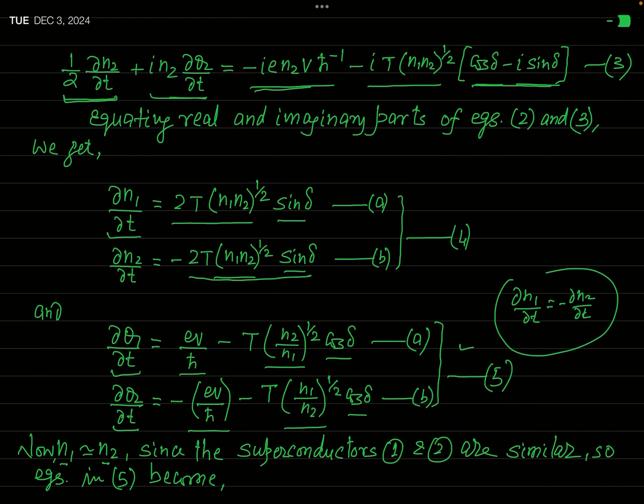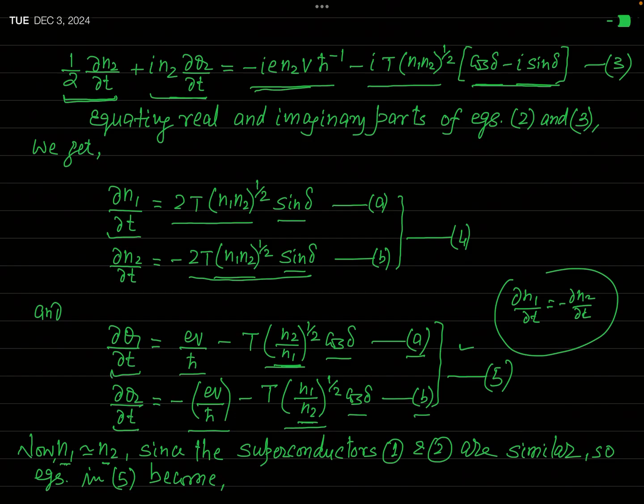Now use the idea that n1 is equal to n2 in the two equations of this 5. When n1 is equal to n2, this n2 over n1 here will be 1, and here n1 by n2 will also be 1.